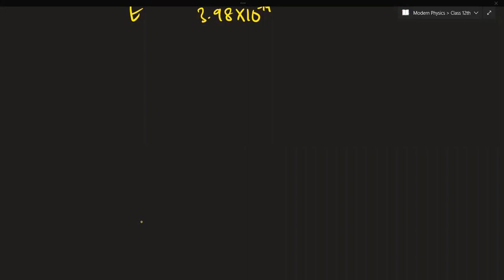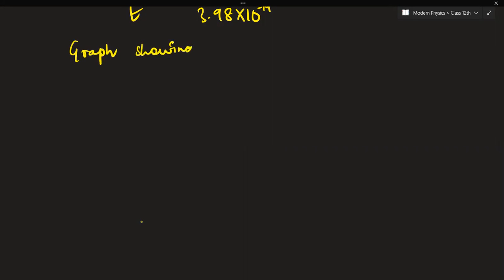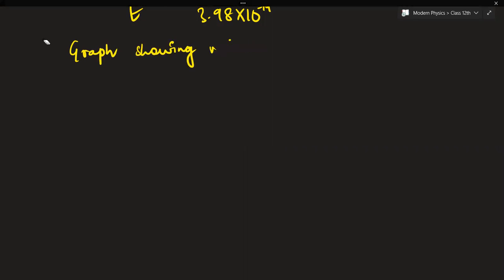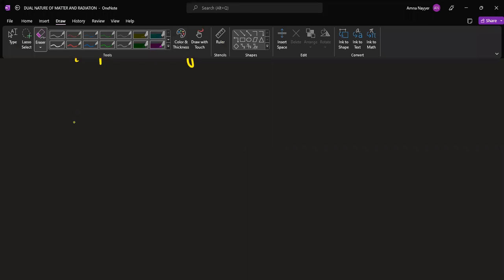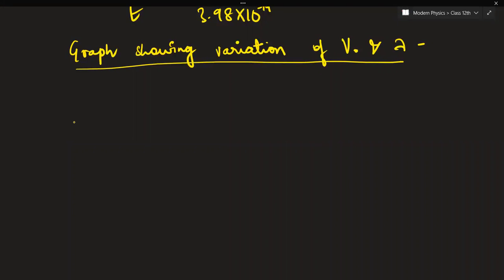So there's a graph showing variation of stopping potential and frequency. This graph comes separately. See, if you plot the graph now between stopping potential and frequency, let me show you.